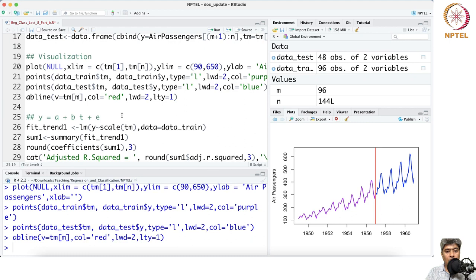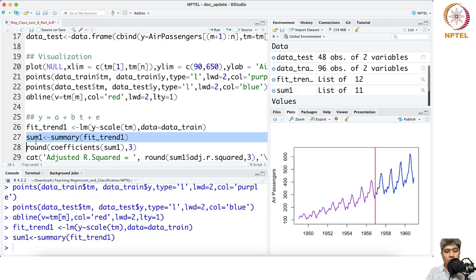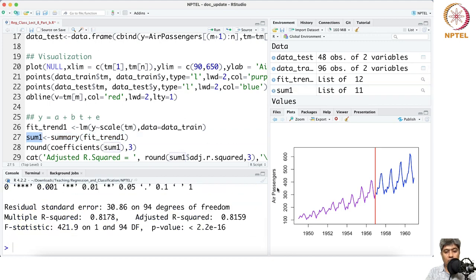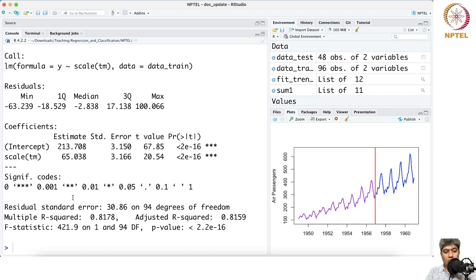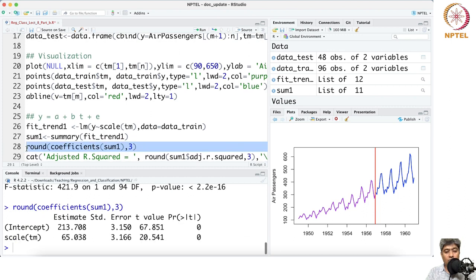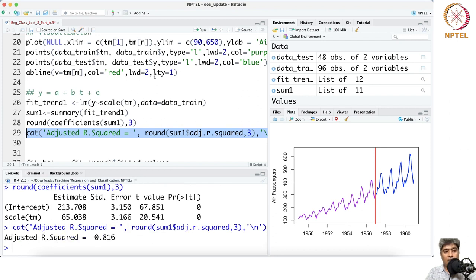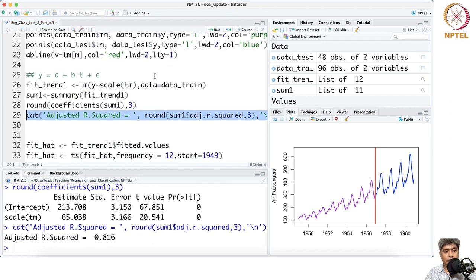Okay, now we just fit the data summary, and this is the summary. So this is what we have seen in our presentation also. This is what we have seen, and adjusted R square is 81.6%.